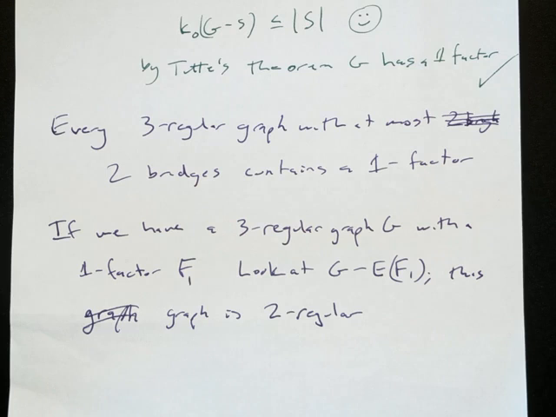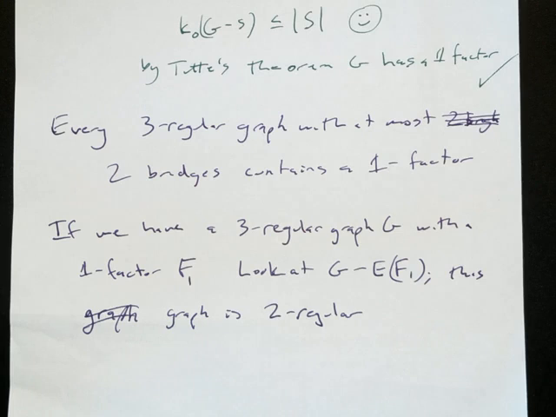Not just contain, they are cycles. Maybe more than one, like the Petersen graph, right? It's the outside pentagon and it's the inside star, which is still a cycle. You just have to unfold the star part of it. That's the complement of the pentagon in K5.